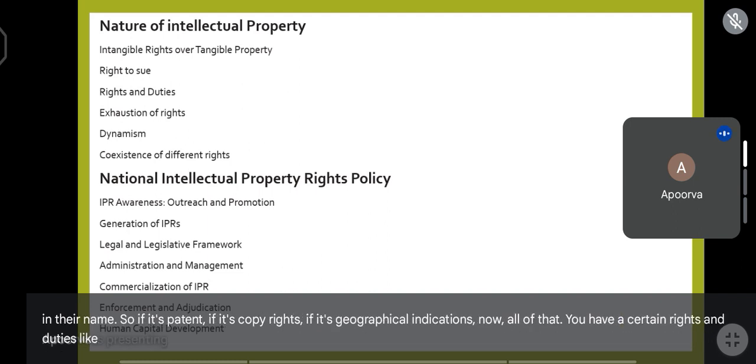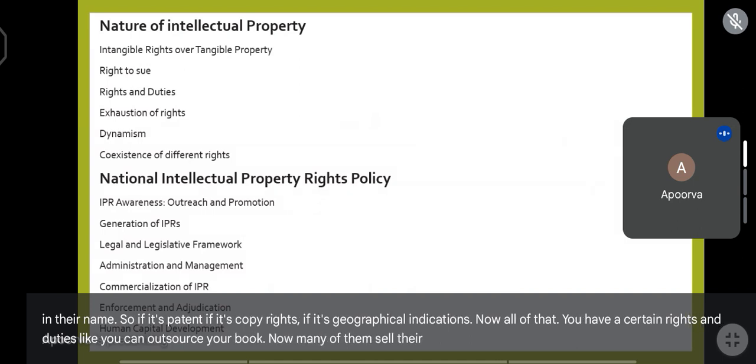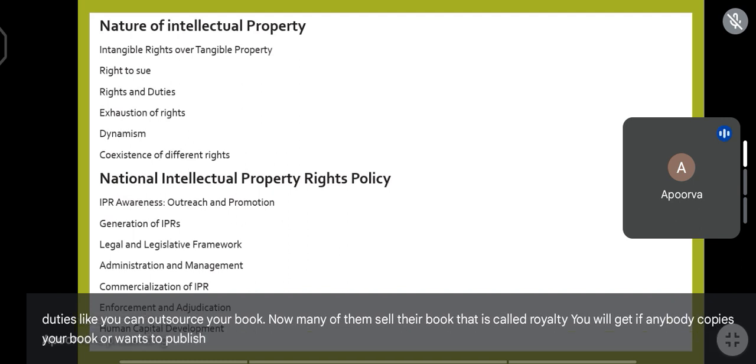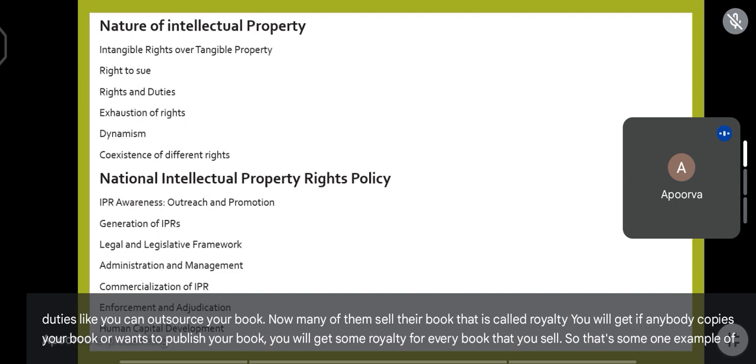Like you can outsource your book. Many people sell their book. That is called royalty. If anybody copies or wants to publish your book, you will get some royalty for every book that you sell. That's one example of rights and duties.